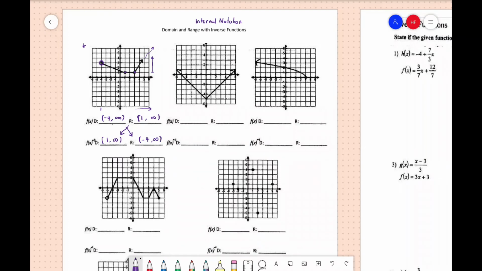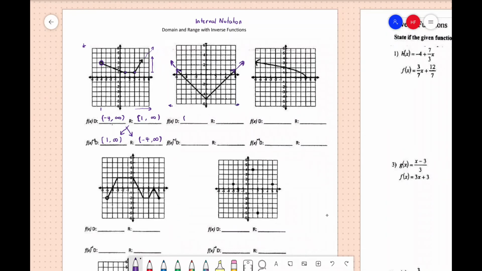So let's try that again on the second one. We have this absolute value function here. We're going to find the domain. I see arrowheads. Arrowheads mean I'm continuing on and on and on. The domain looks like it's going to go forever in either direction.